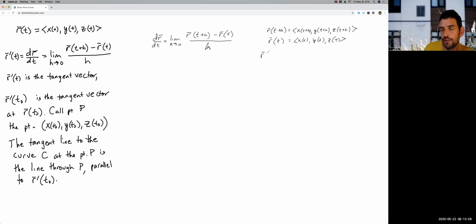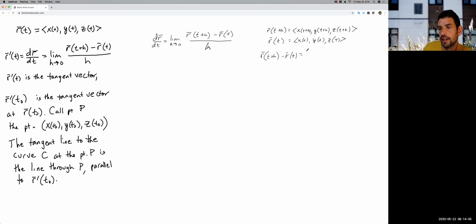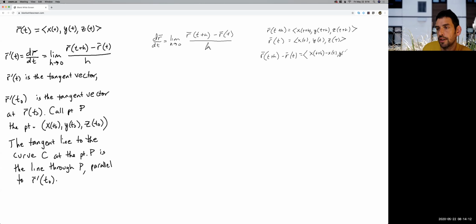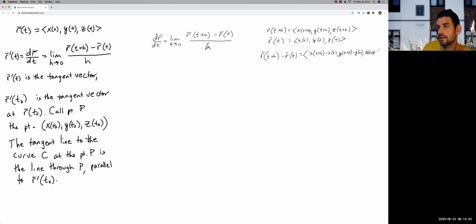So when we take the difference, r of t plus h minus r of t, we get x of t plus h minus x of t, y of t plus h minus y of t, and z of t plus h minus z of t.